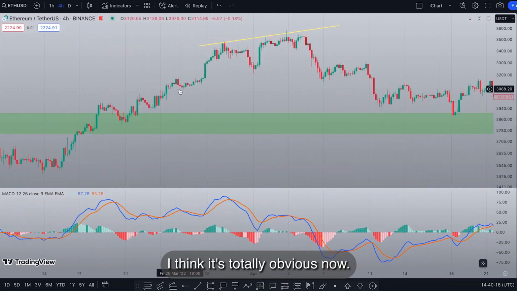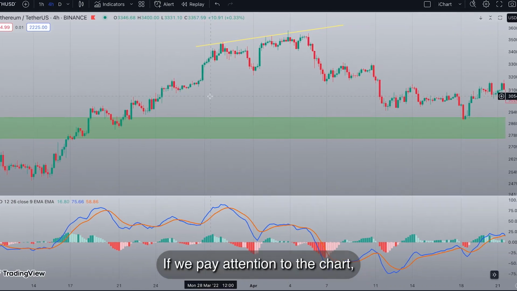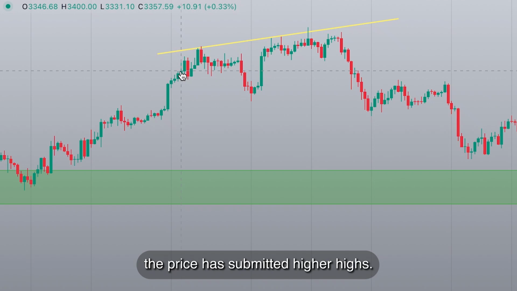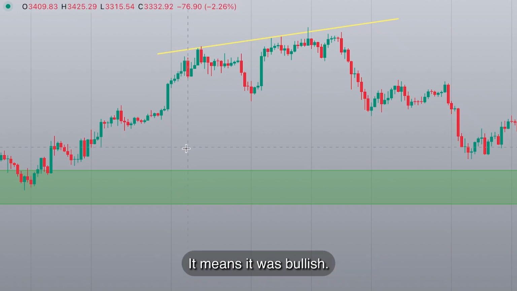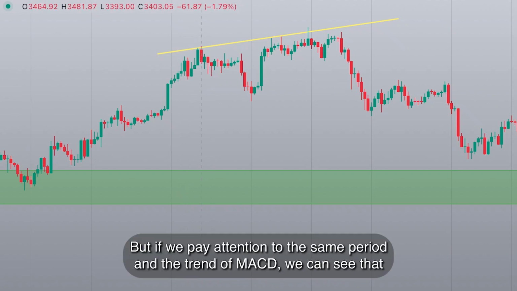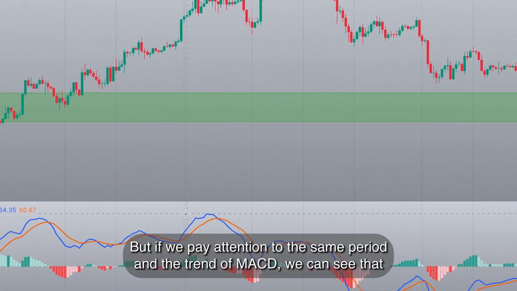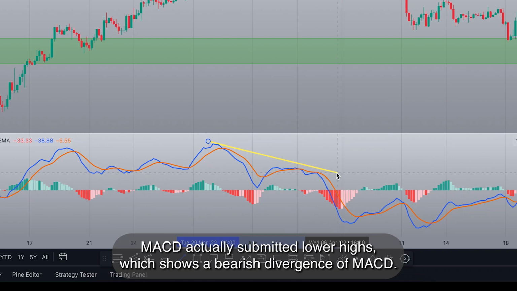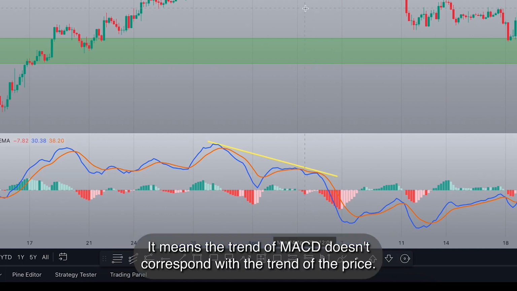I think it's totally obvious now. If we pay attention to the chart, the price has submitted higher highs. It means it was bullish. But if we pay attention to the same period and the trend of MACD, we can see that MACD actually submitted lower highs, which shows a bearish divergence of MACD. It means the trend of MACD doesn't correspond with the trend of the price.